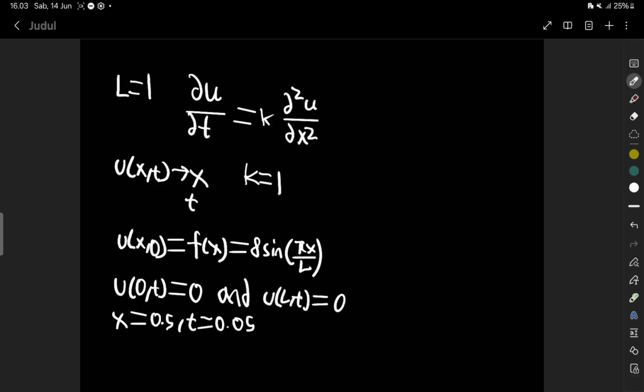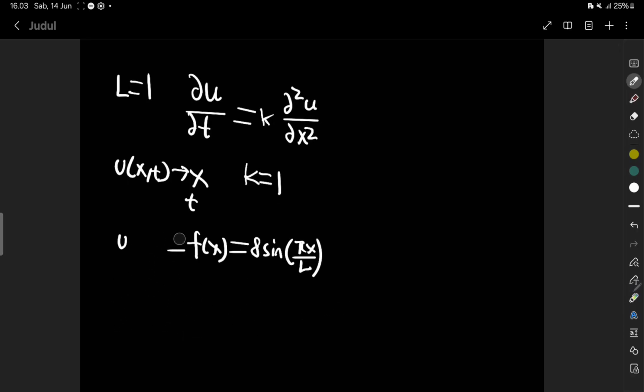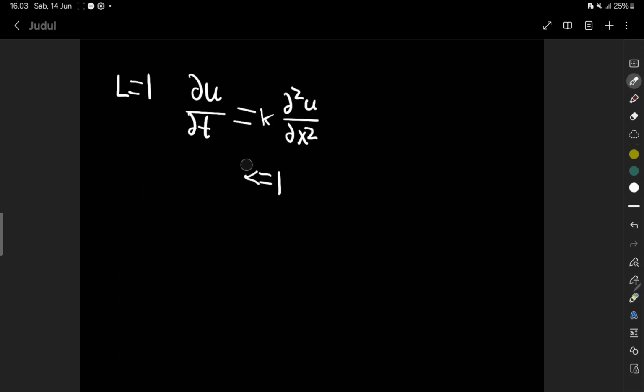Now we're going to separate the variables. Function u with the variables of x and t equals X of the x variable times T of the t.